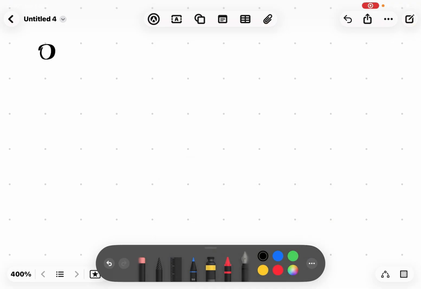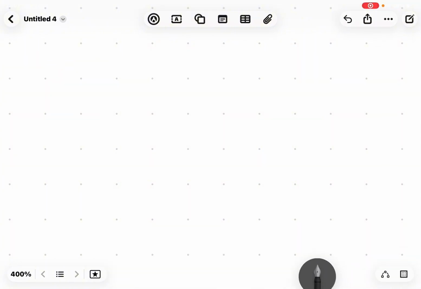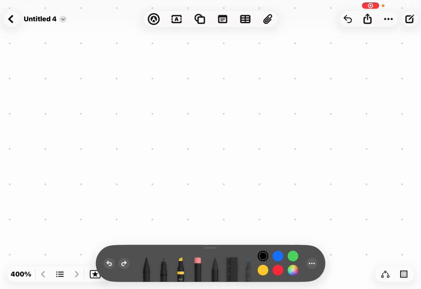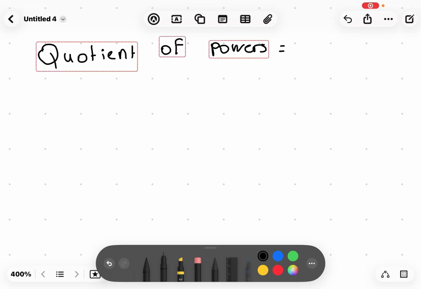So now let's talk about the quotient of powers. What quotient of powers means is when you are dividing them. Again, same base.